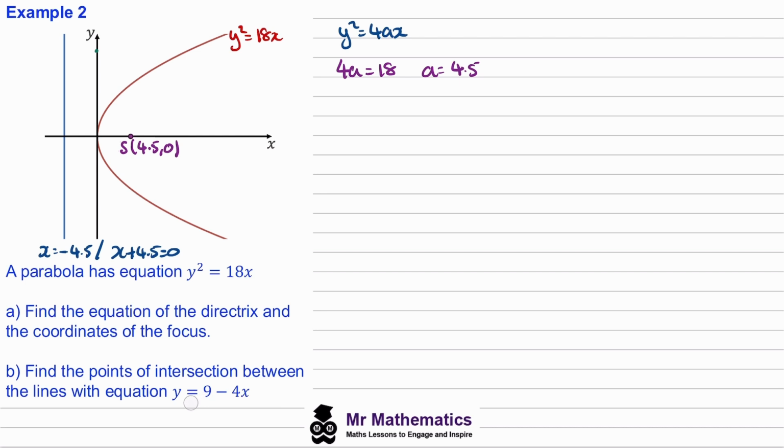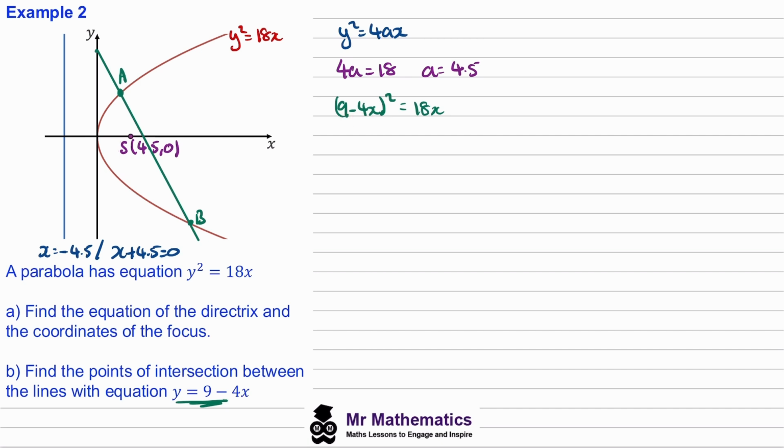And then for part B, to find the points of intersection between the line and the curve, well, if I just sketch the line, we know it will have a positive intercept at 9 and a negative gradient. So what we want to find is this point and this point. So if I substitute in 9 minus 4x in place of this y, then we'll get (9 minus 4x) squared will equal 18x.